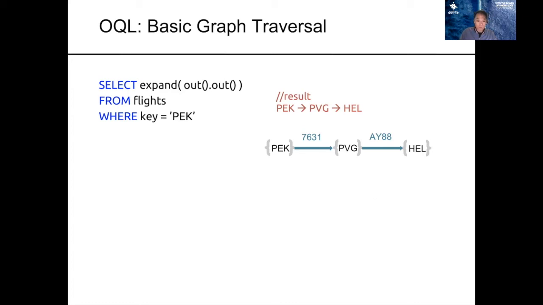The result is Helsinki Airport. Similarly, we can expand two in functions from the Helsinki Airport. So the result will be Peking International Airport.